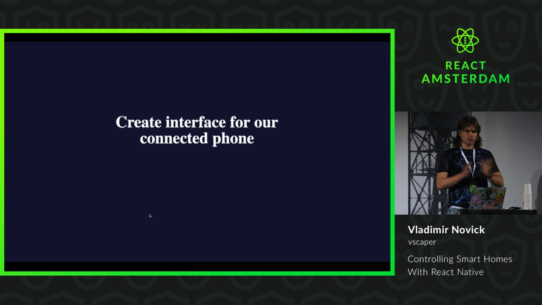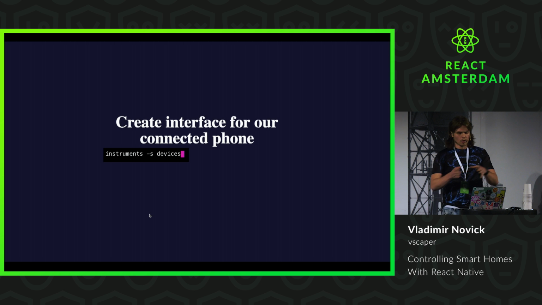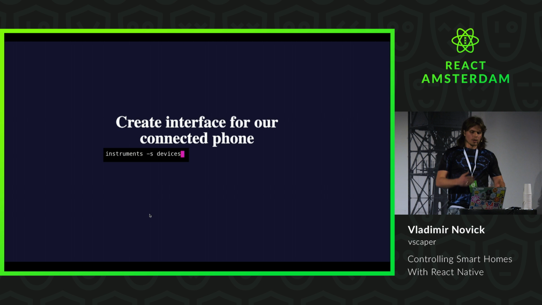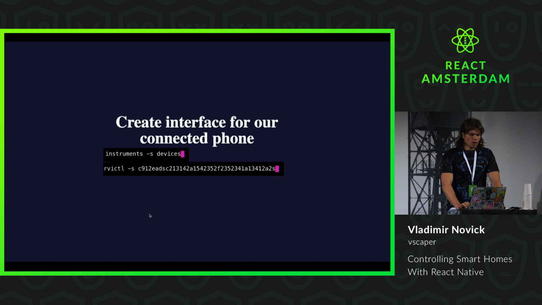So first of all, we need to sniff the network while our phone is connected. To do that, we create an interface by running instruments. We're talking about mostly Mac and iOS, but different techniques are also applied to Android. We can sniff packets through Wireshark. We run instruments -s devices.